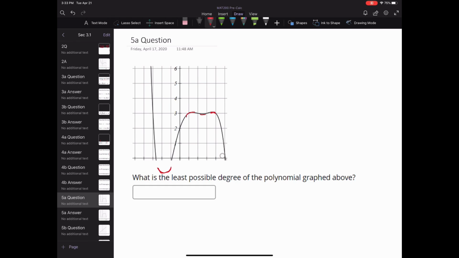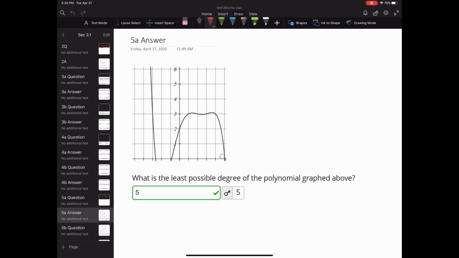And we know that the max number of turns, in this case all we know is that we have 4 turns, must be equal to the degree minus 1. So what should the degree be? At least 5. The degree should be at least 5. What is the least possible degree? 5. If we have 4 turns, it must be 5. Or at least, it could be higher. And there you go.